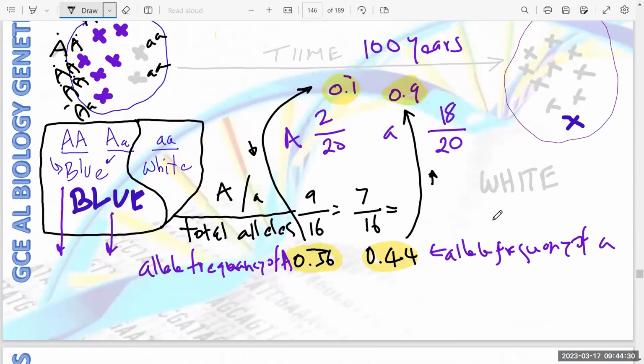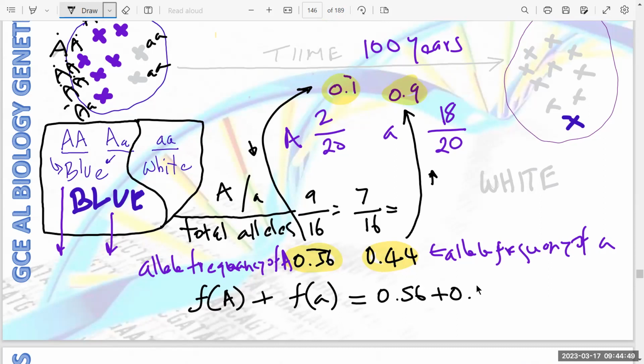If we add the allele frequencies of capital A and small a, so let's write like this, I'm always getting the number 1. For example, in this case, 0.56 plus 0.44 is 1. In the second one, 0.1 plus 0.9 is again 1.